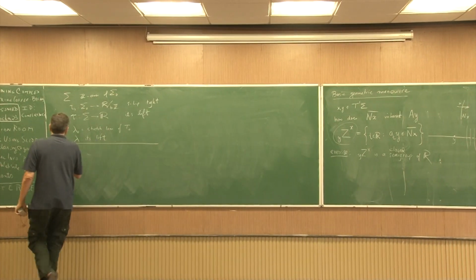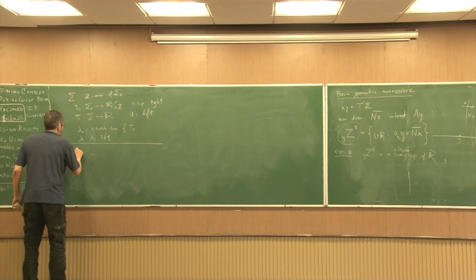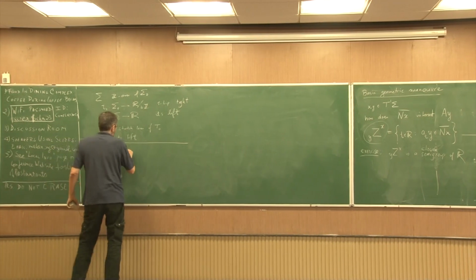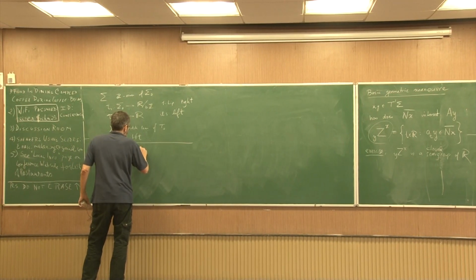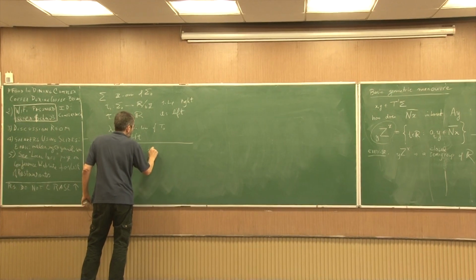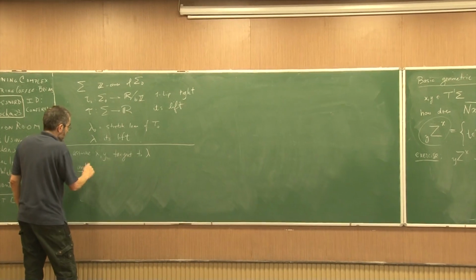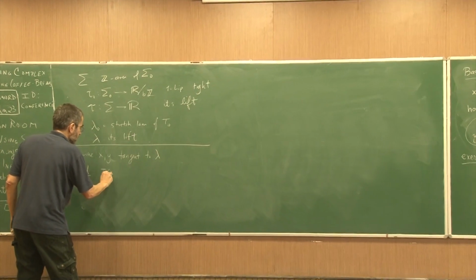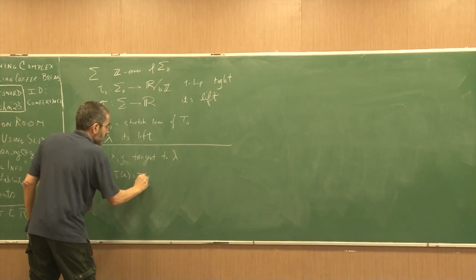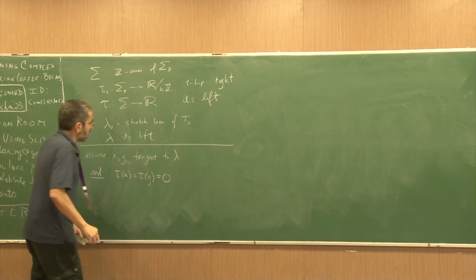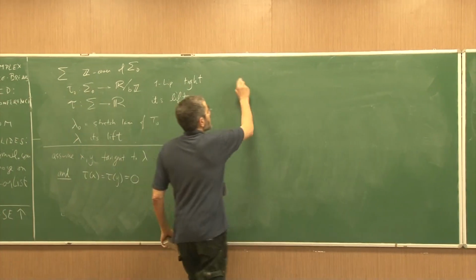So assume X and Y are tangent to lambda, and assume, we might as well assume this, that tau of X and tau of Y are 0. In other words, the picture looks like this.